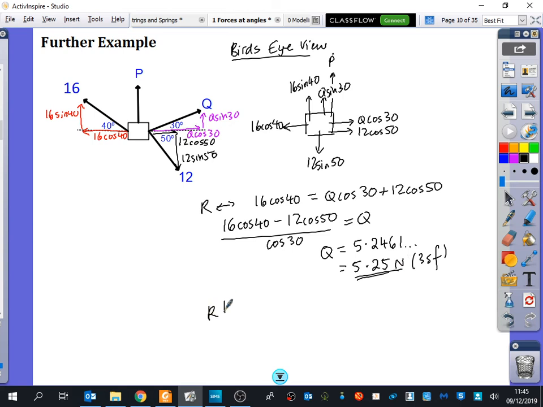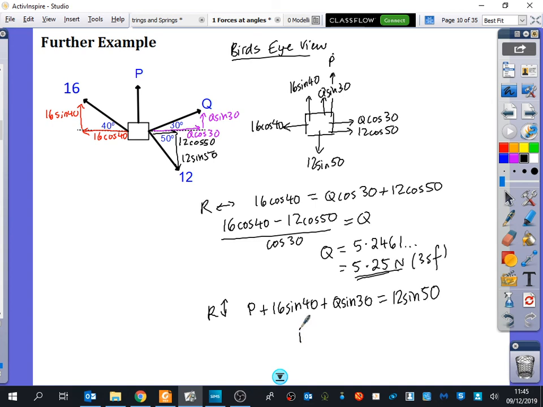Then I'm going to resolve in the up and down direction, and I wonder if we're going to notice something that will happen here, okay? So in the up and down direction, I've got these up forces equal this down force that I've got here. So I have P plus 16 sine 40 plus Q sine 30 equals 12 sine 50.